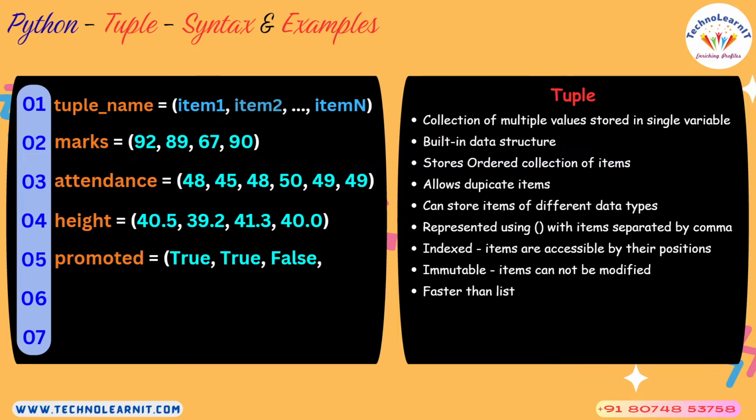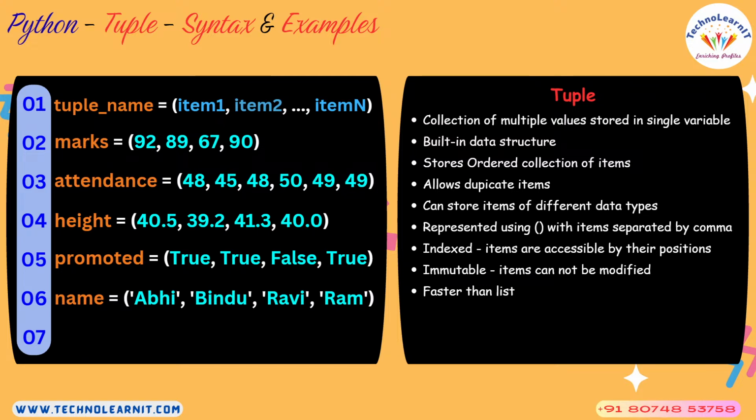Promoted is another tuple with 4 items in it, and all the items are of type boolean. All right, name is another tuple where you have names of people and the items belong to string type.